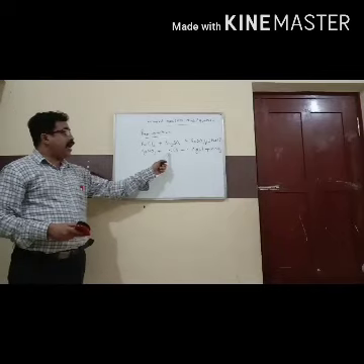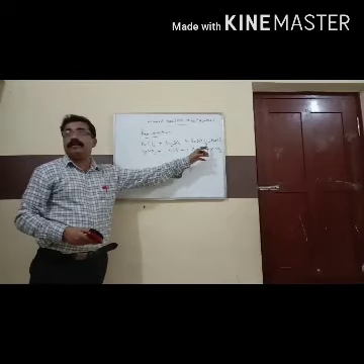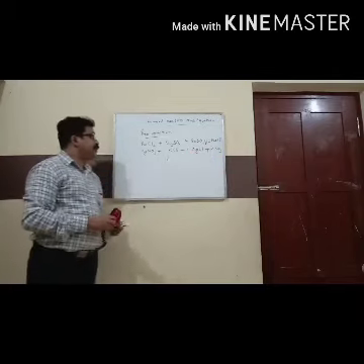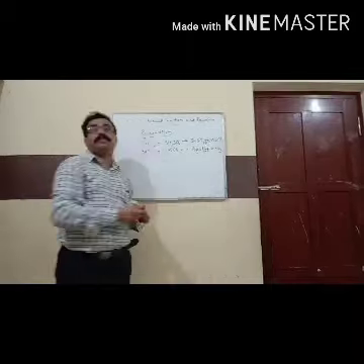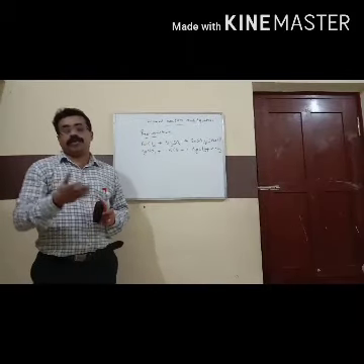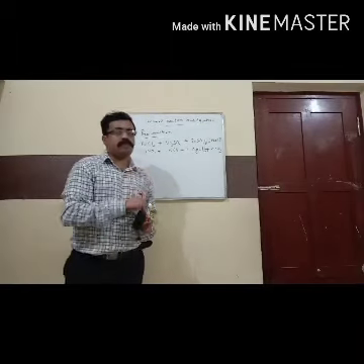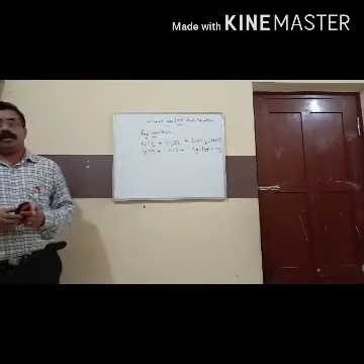Silver nitrate reacts with potassium chloride to give silver chloride and potassium nitrate. Here this AgCl will form a white precipitate. It will settle down in the test tube. So this type of reaction is known as precipitation reaction.